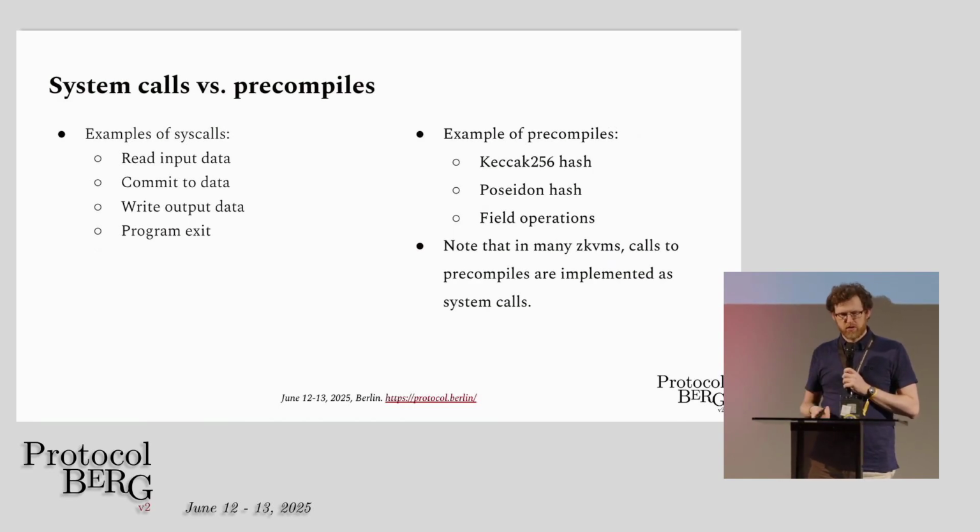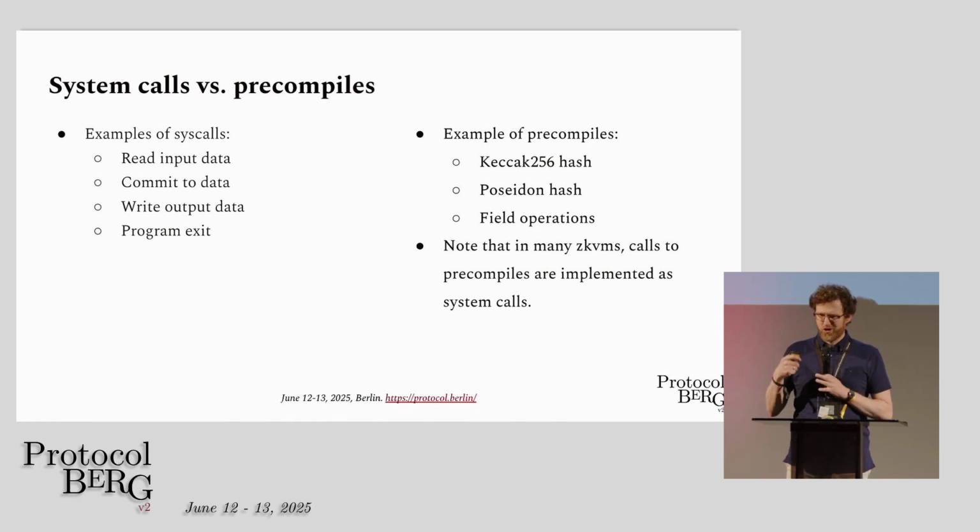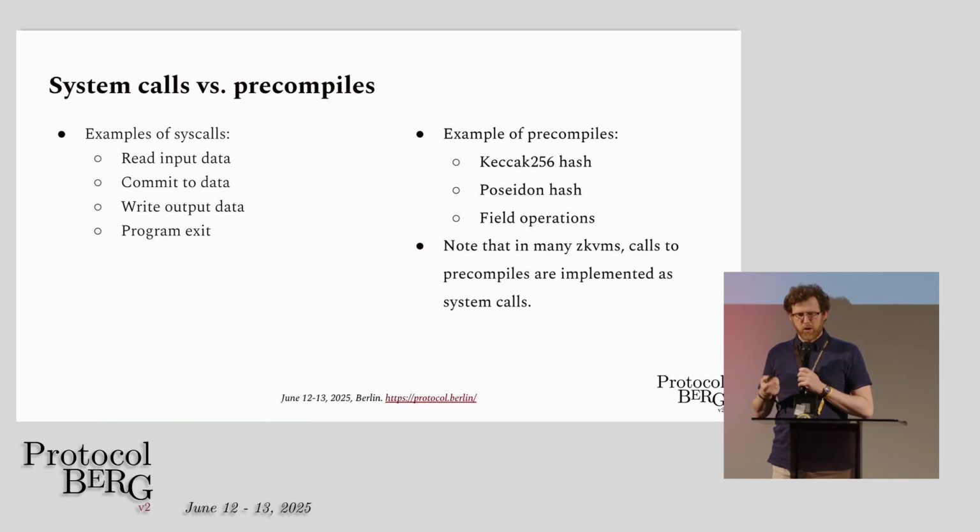Right. So one precision I wanted to make is that I kind of interchangeably use system calls and precompiles. They are not the same thing, but it's confusing because in most zkVMs, precompiles are actually implemented as system calls.